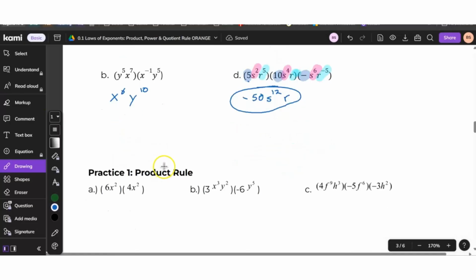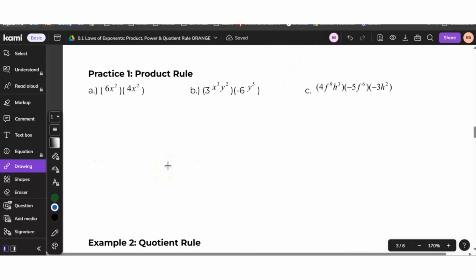All right, guys, here's what I want you to do now. Even though we don't have the paper, you can do it on the whiteboards on your desk or on the paper if you have it. I want you guys to try these 3. Yeah, take your phone and take a picture. That's fine. All right, guys, do those 3.